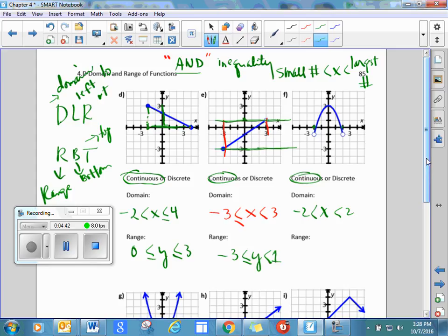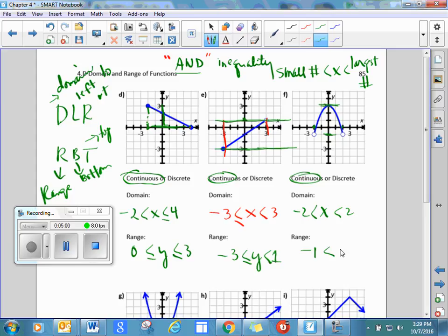Looking at the range, similarly, we're looking at the largest range, top to bottom. So our range, this is the smallest y that's on our graph. That's -1 on the y-axis.